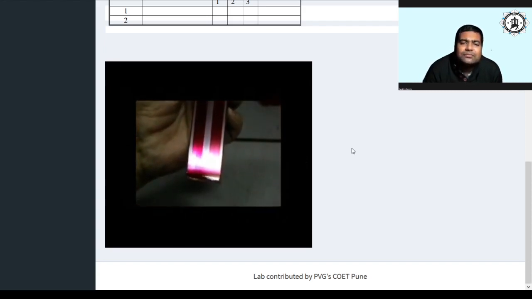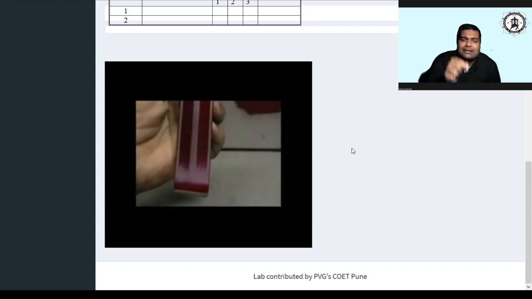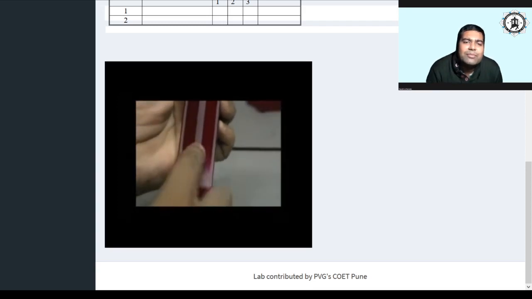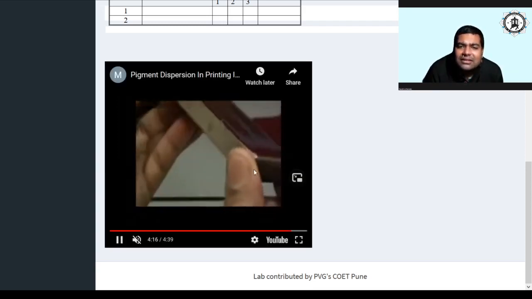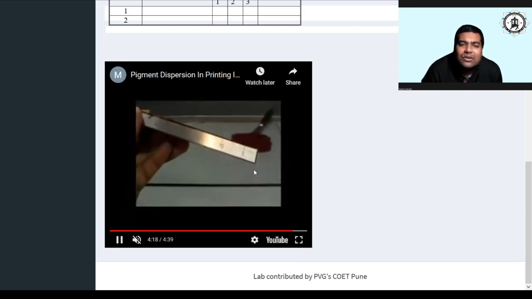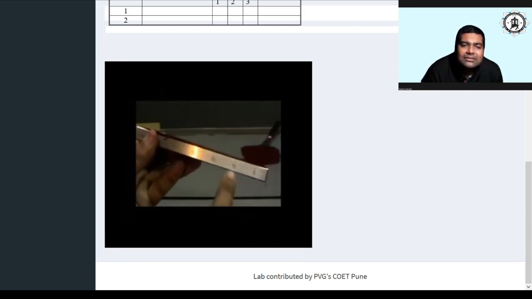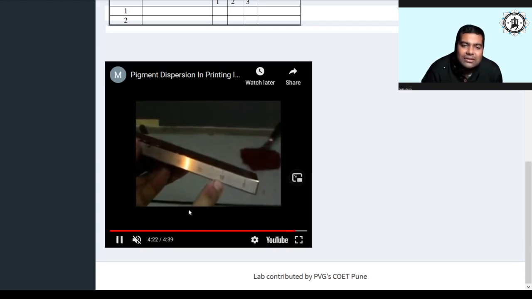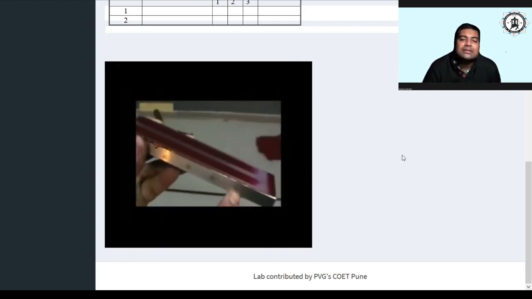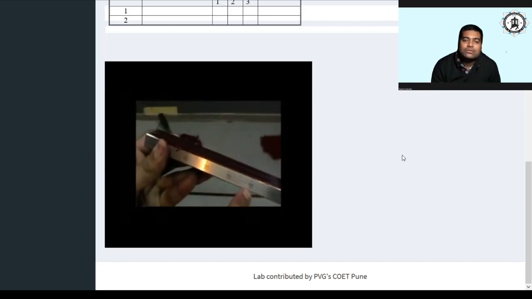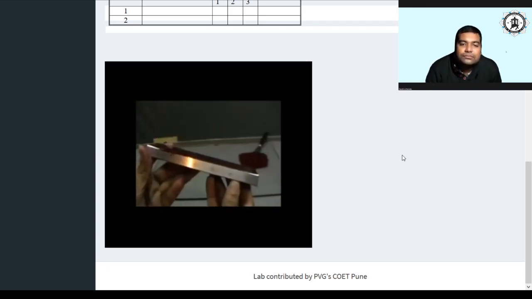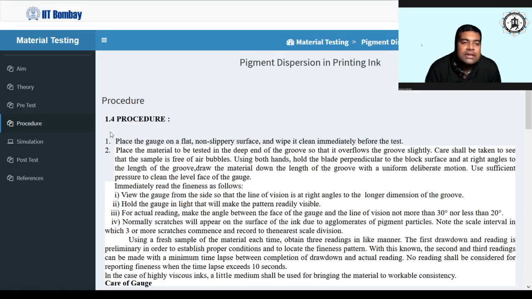See where these patterns, these lines are coming from. Very, very fine. Yeah, 10. So as I told you, finished ink is normally 10 micron dispersion. Very good. Okay, so this is the procedure.